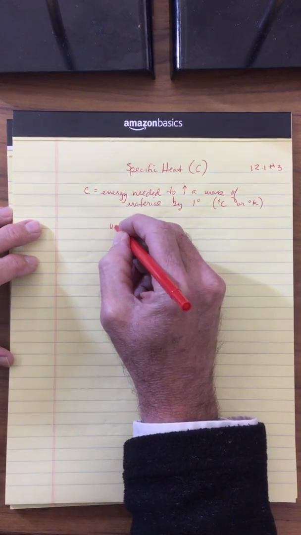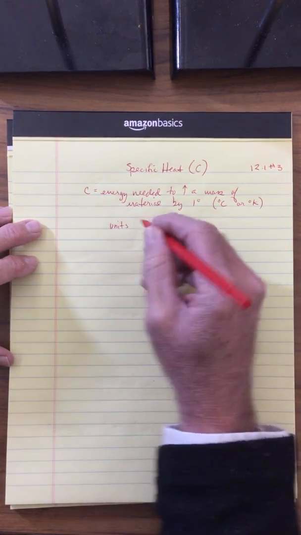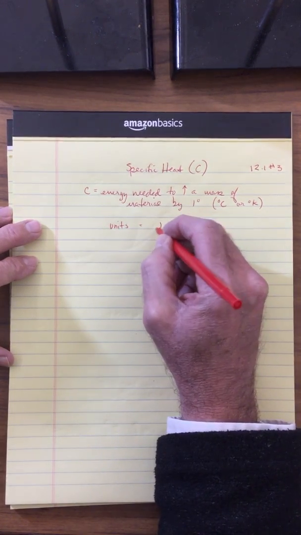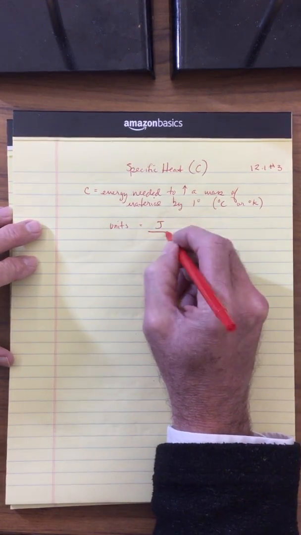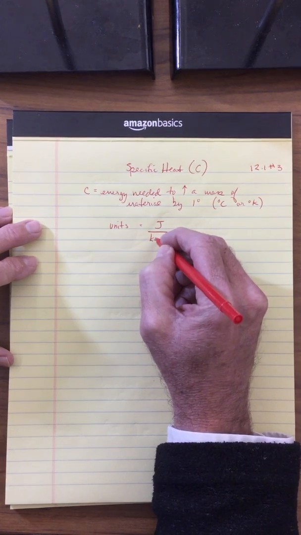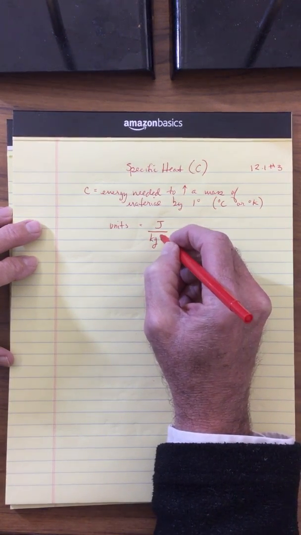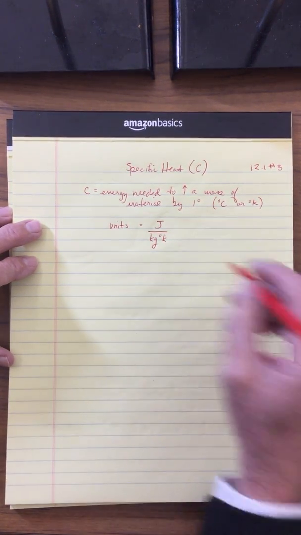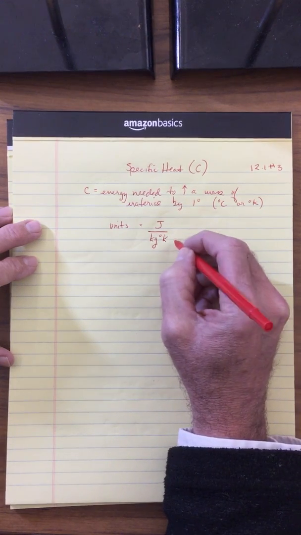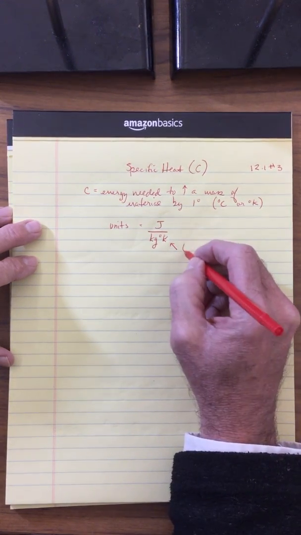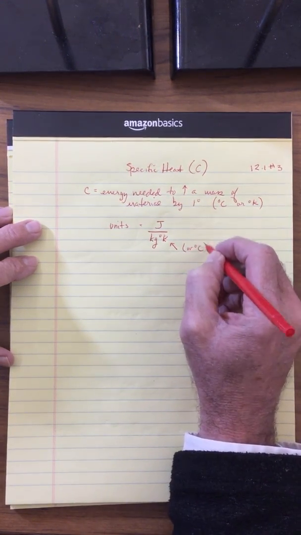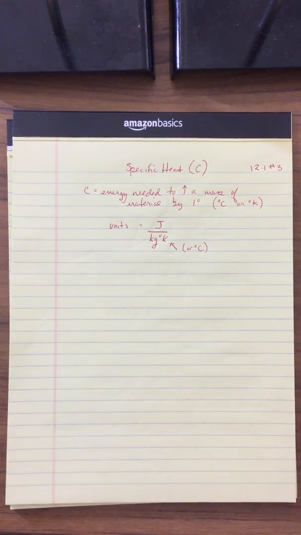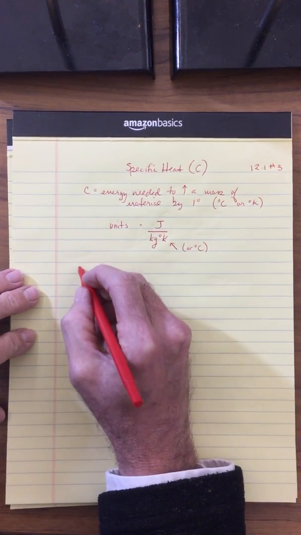So the units for specific heat are very important, and the units are going to be joules over kilogram degree Kelvin. And again, that degree Kelvin could be degrees Celsius as well. Let me go ahead and give the specific heat for copper.